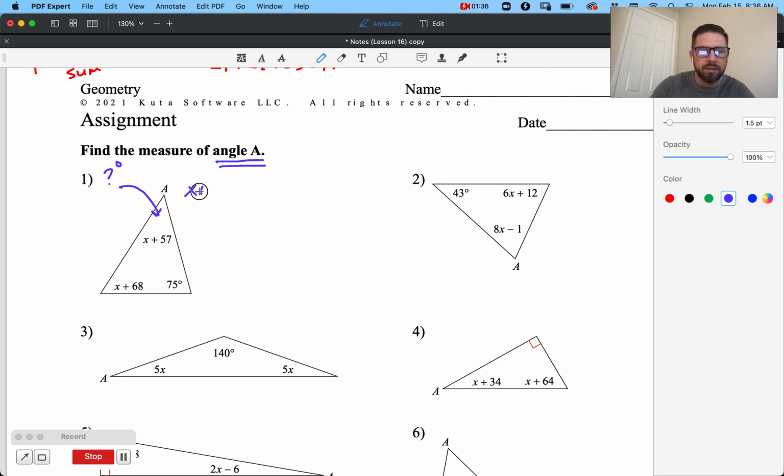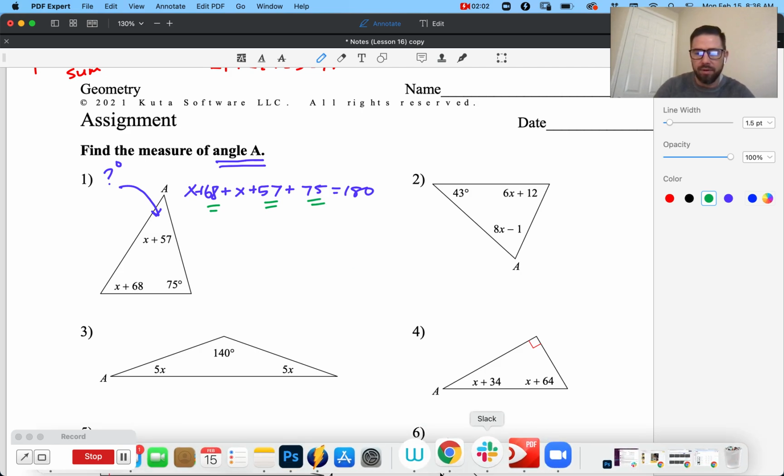We'll say x plus 68, that's this one right here, plus x plus 57, that's this one right here, plus 75 equals 180. Same process we've been running with the entire time. Now we need to combine like terms. 68 plus 57 plus 75.